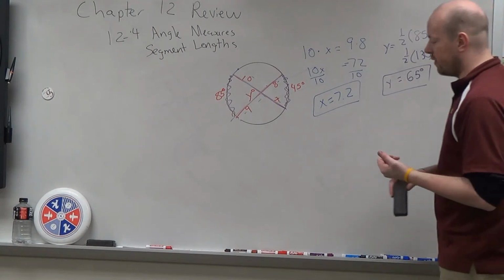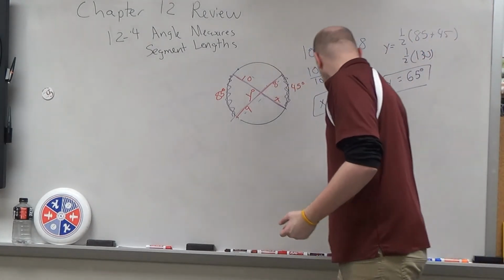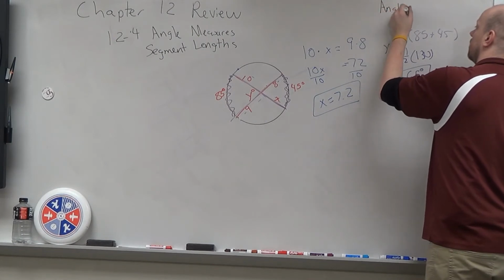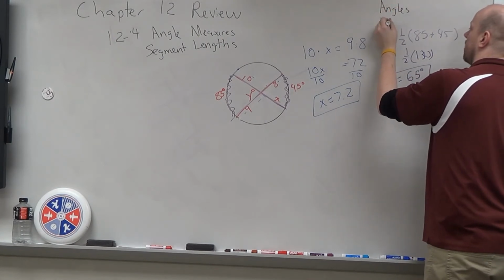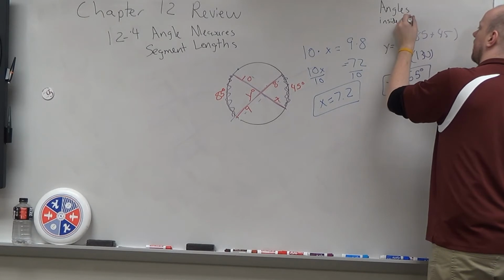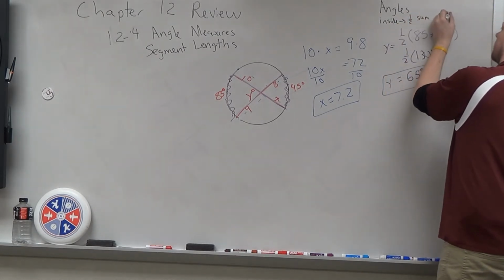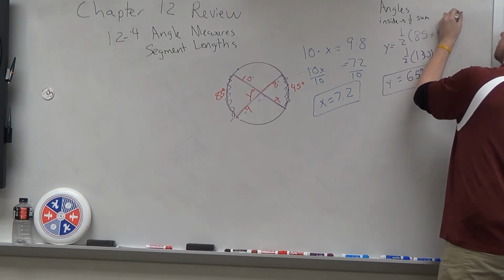It'd be a good thing to review those theorems. So again, for angles, on the inside is half the sum. Outside is half the difference.